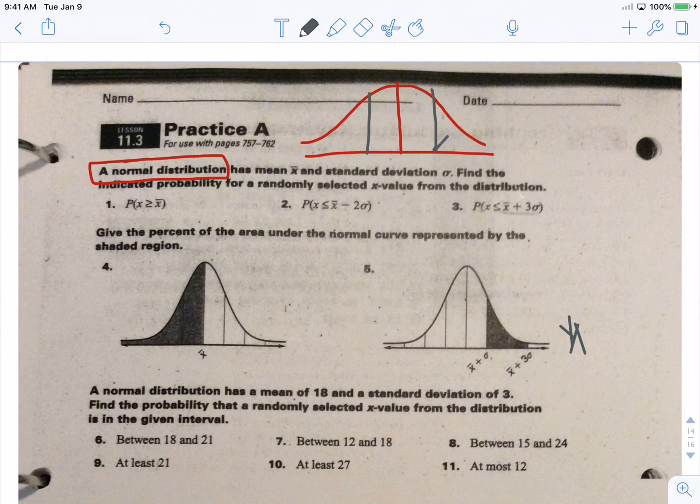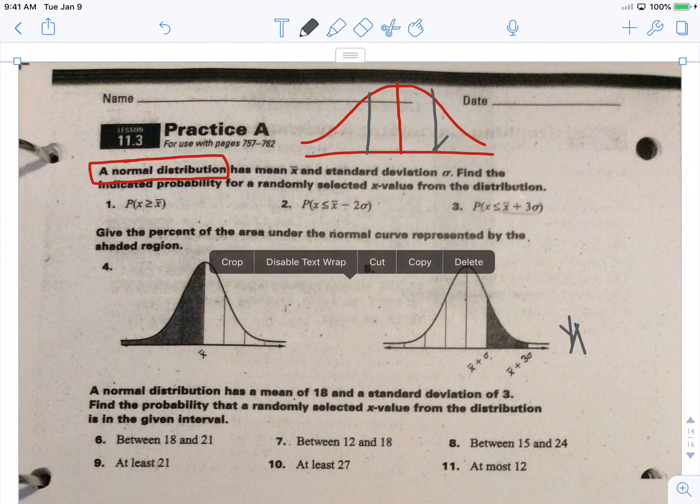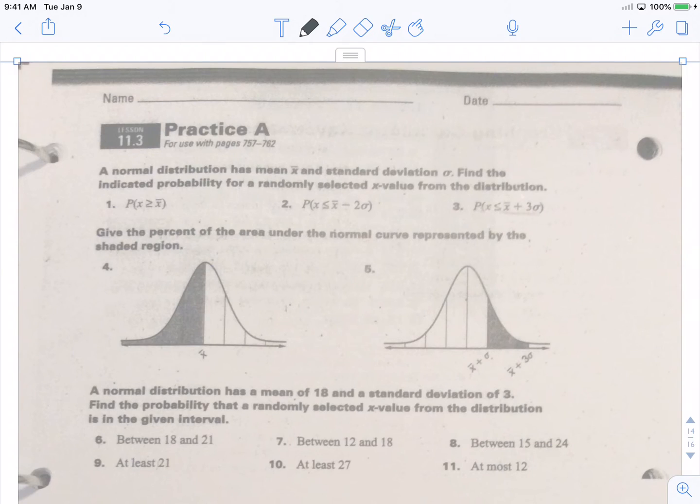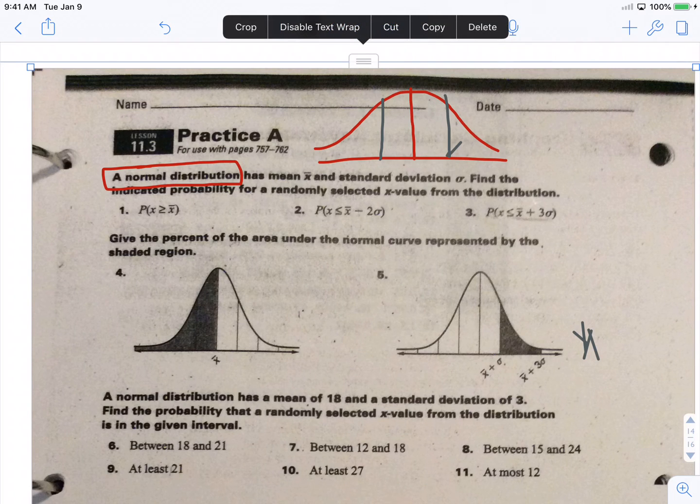My picture just isn't cooperating with me right now. So x bar minus the standard deviation, and then the x bar plus the standard deviation. And this, of course, is not cooperating with me.